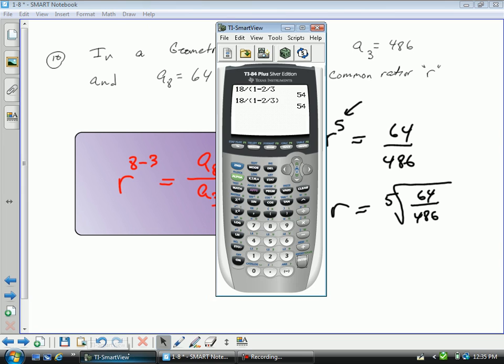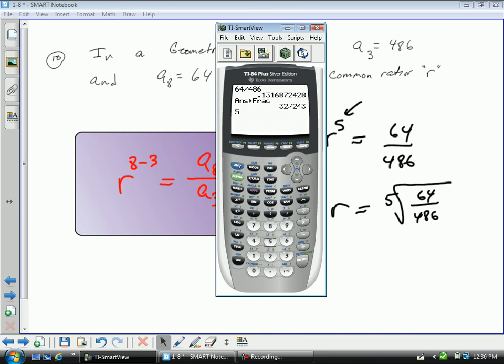So I'm just going to get my calculator. You can even convert this into a fraction if you wanted to. At this moment, it's not required. If you were to take the fifth root of this, you could do it this way.